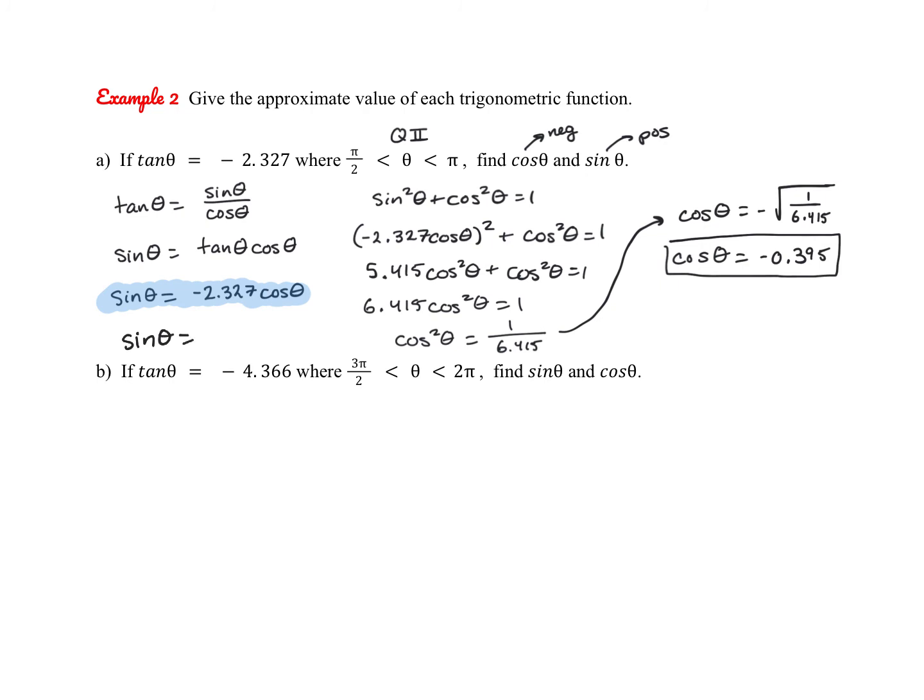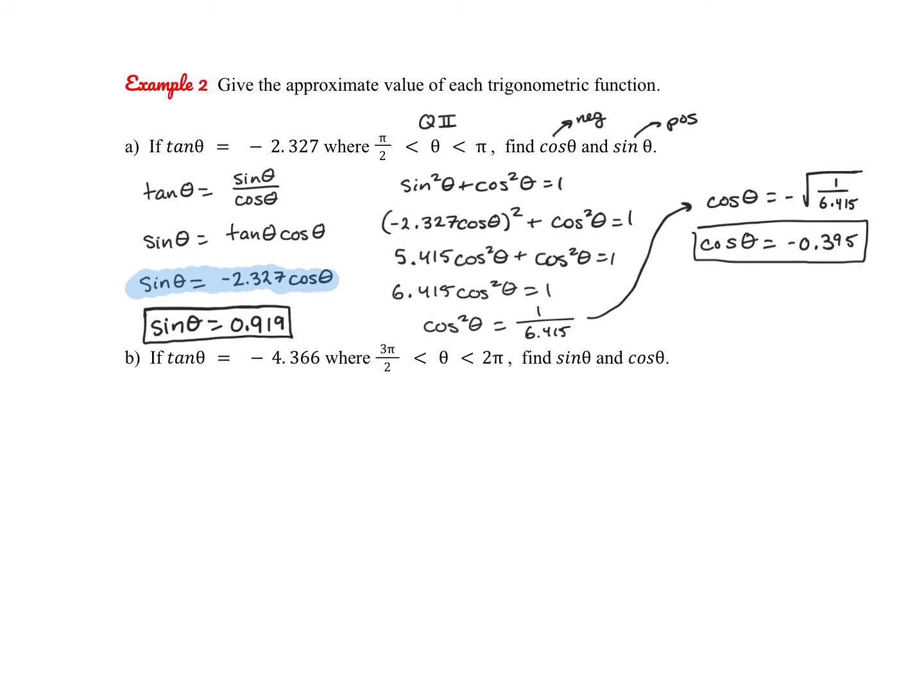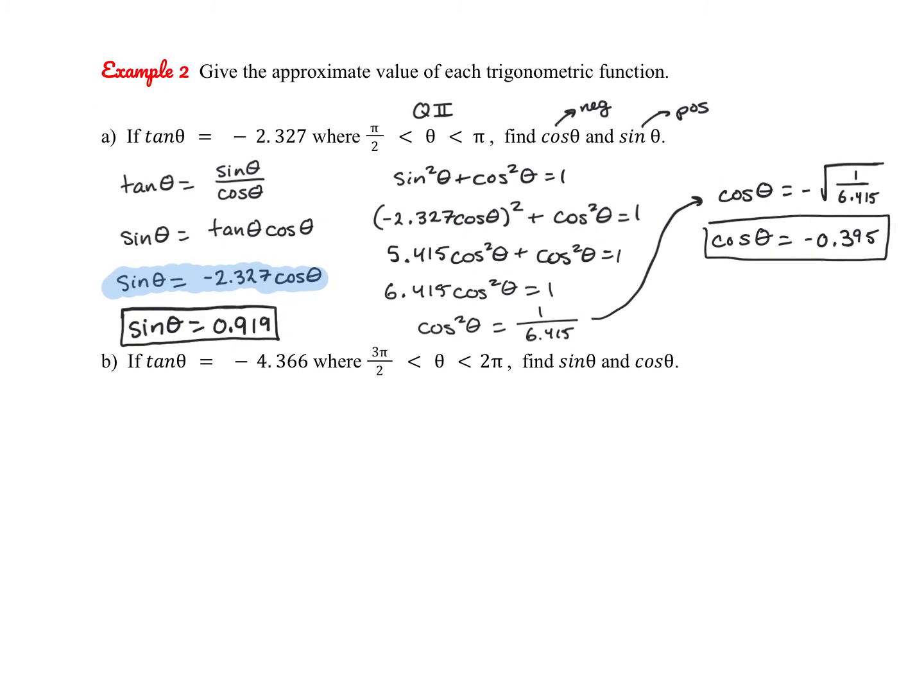And we get 0.919. So there you go. So that's one way you can do a problem like this. You can use that first Pythagorean identity, and you could use the ratio of sine over cosine to help you rewrite with tangent.